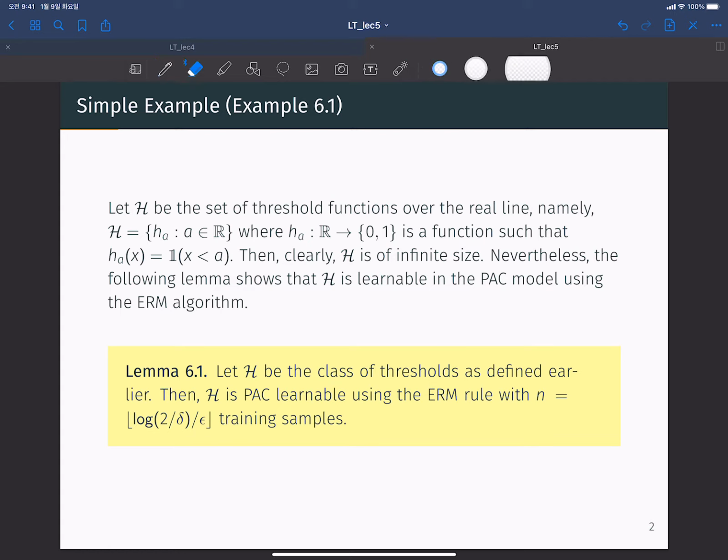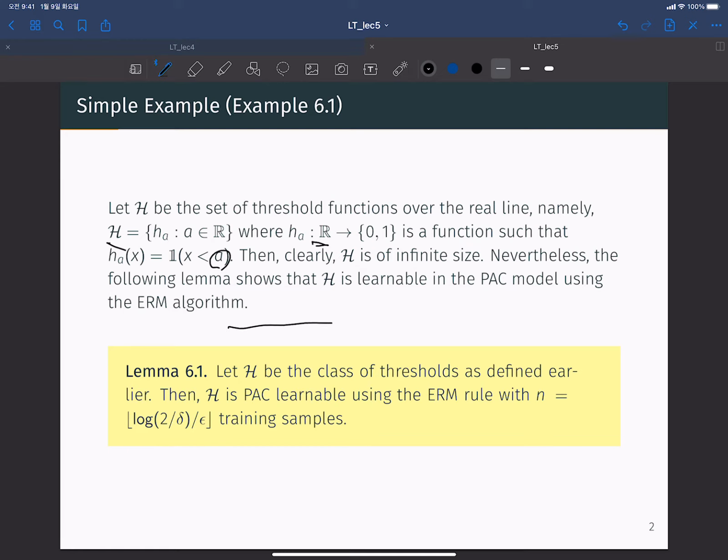So let's review a simple example in our textbook, which is Example 6.1. Let H be the set of threshold functions over the real line, namely the hypothesis set consists of all functions h that map the real line input domain to 0 or 1 using only one single threshold a.